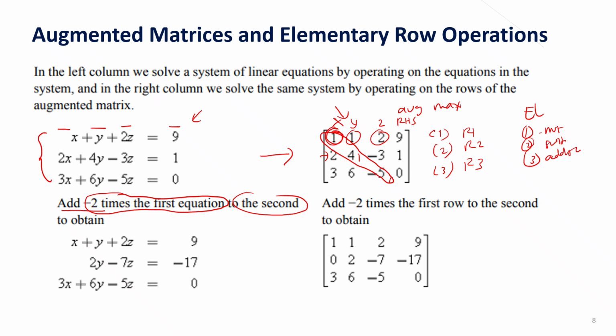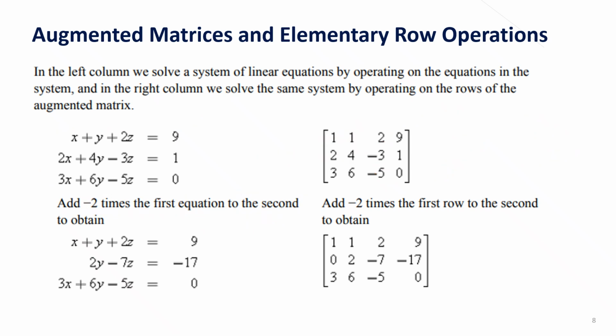So we can perform row 2 equals minus 2 multiplied by row 1 plus the original row 2. Let me draw it here.